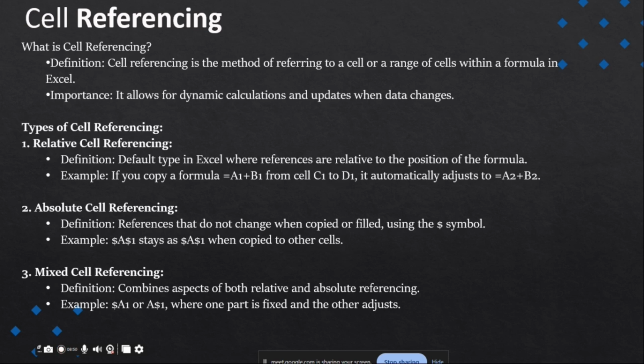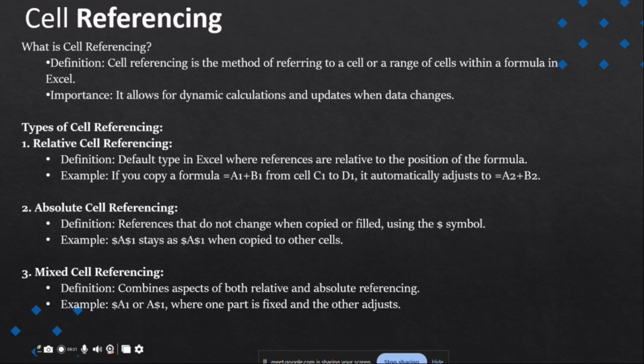Your name box shows you the cell address of every active cell, and your formula bar, you know what the function of the formula bar is, displays the values and sometimes the functions of every active cell, and can also help you make some changes on a cell. So these are two main places you'll be looking at, your name box and your formula bar, if you want to really understand cell referencing.